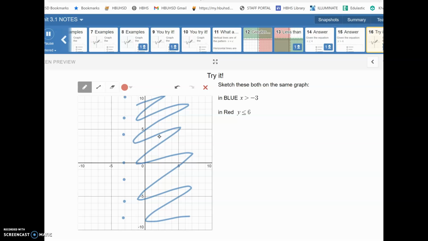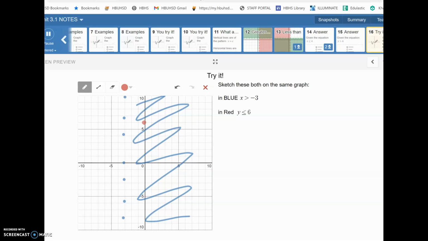Y is less than or equal to 6. So here's y is 6. Horizontal or vertical? Hadley, horizontal or vertical for y is less than or equal to 6? Horizontal is correct. Solid or dash, Samantha?